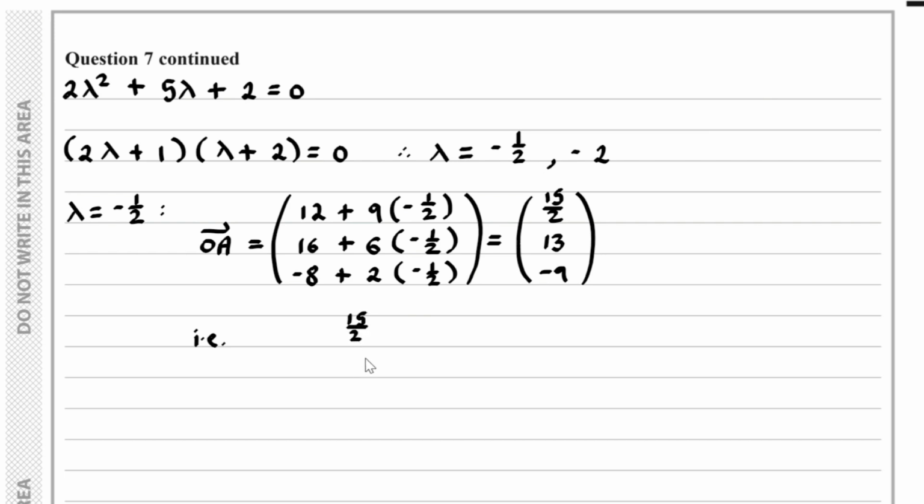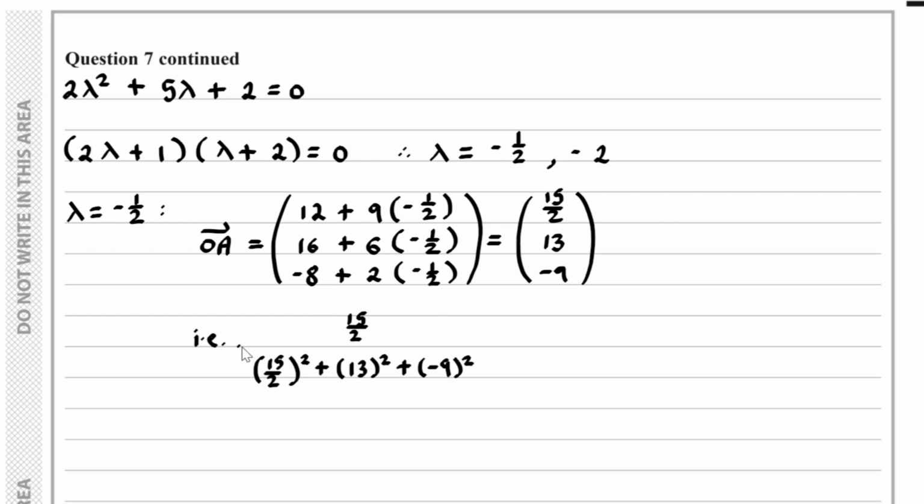We have 15 over 2 divided by the square root of 15 over 2 squared plus 13 squared plus minus 9 squared.